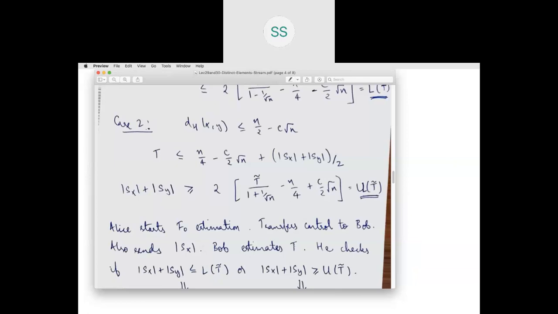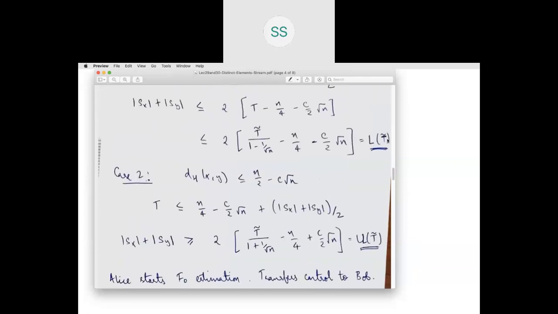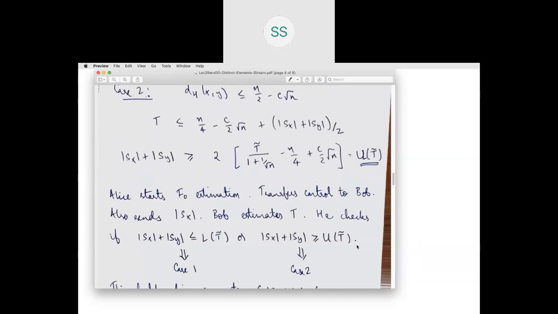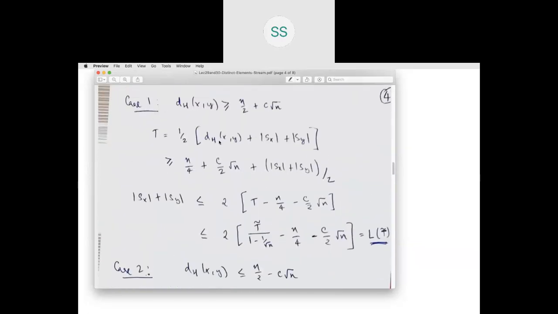So assuming an algorithm exists for f0, we are trying to compute gap Hamming distance. So Bob estimates this, and then he checks whether sx plus sy is at most L of t tilde or sx plus sy is at least U of t tilde. Right? And based on this, he classifies whether it is case 1 or case 2. And case 1 or case 2 is actually the answer, right? Case 1 means the function value is 0.